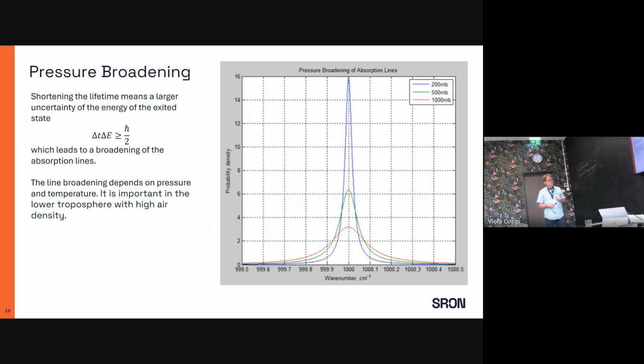And when we calculate or observe the line at the pressure here at surface, about 1000 hectopascal, you see the broadening. And now you can imagine that these lines get broader and broader, and they mix with each other, they interfere with each other. So this needs to be accounted for. Does it change with temperature rise? Yeah, temperature also has an effect.